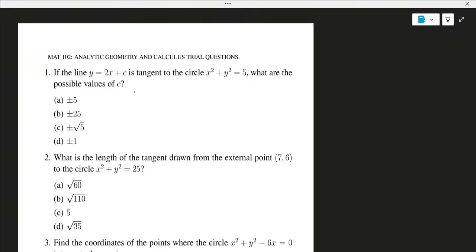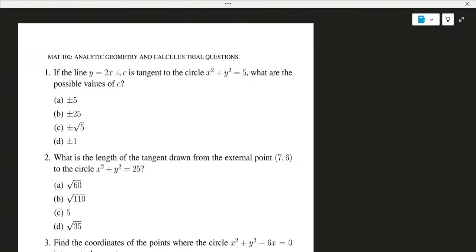Now with question 1, it says if the line y is equal to 2x plus c is tangent to the circle x squared plus y squared equal to 5, what are the possible values of c? So how do we go about this problem?